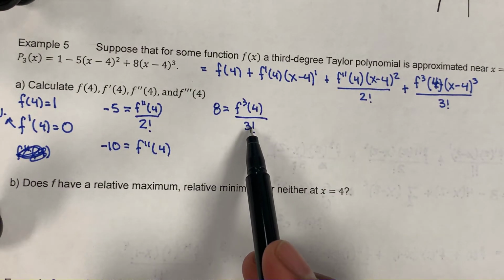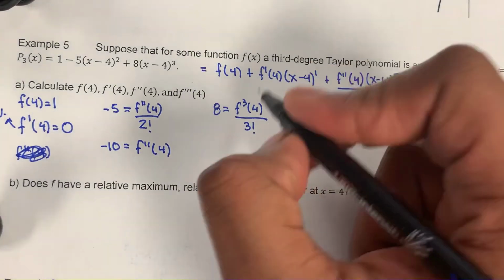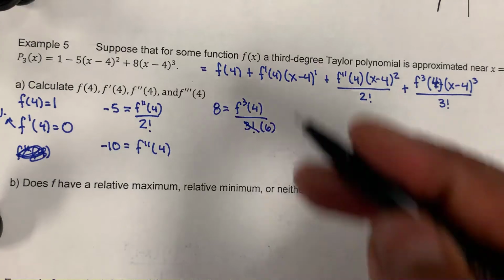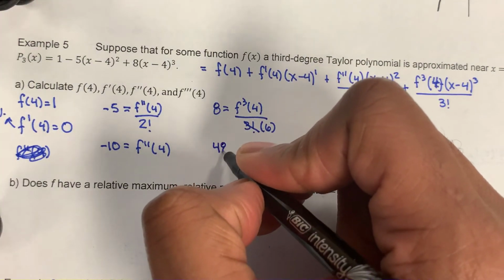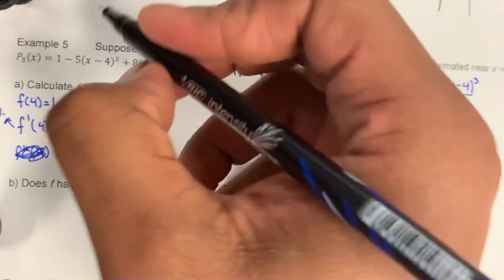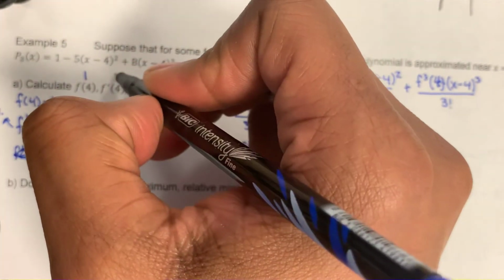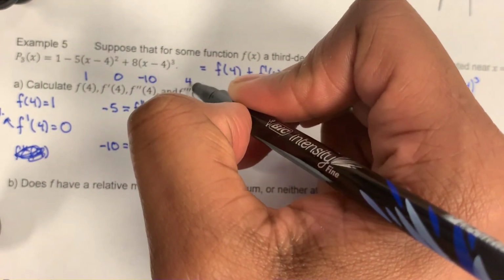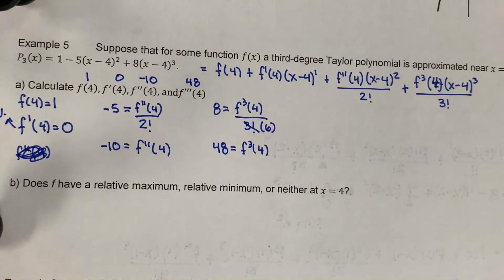So 3 factorial is 6. So 6 times 8 is going to mean that 48 is equal to F3 of 4. So this value was 1, this value was 0, this value was -10, and this value was 48.